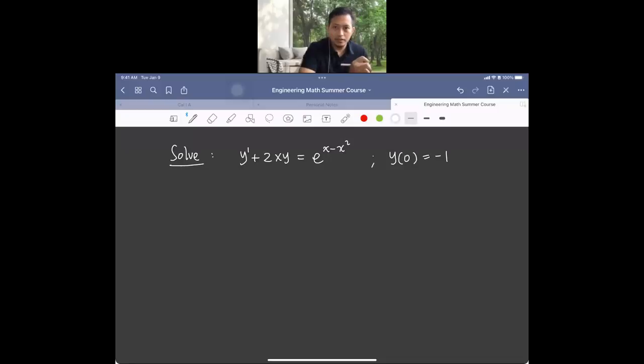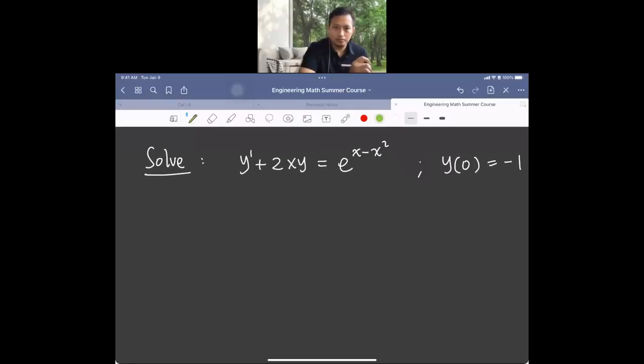Okay, if we look at the differential equation, I think we get the idea that the 2x here is our p of x, and this is f of x. So first is the integrating factor.